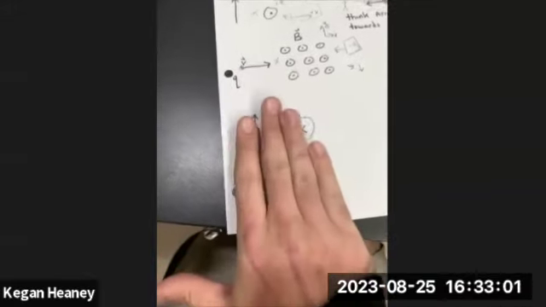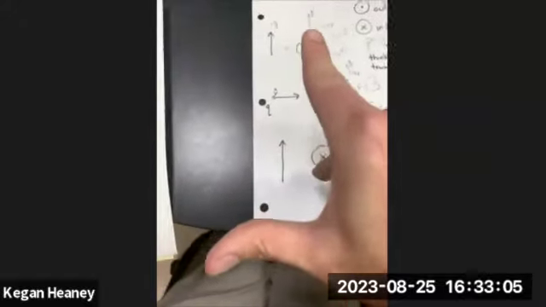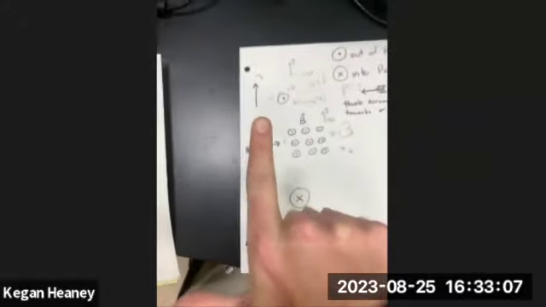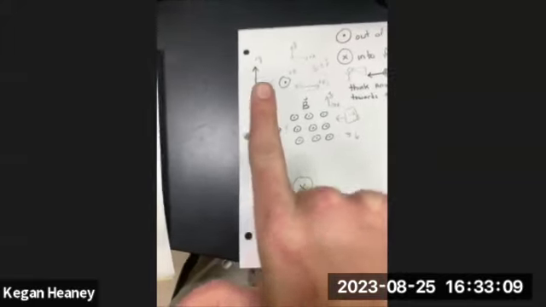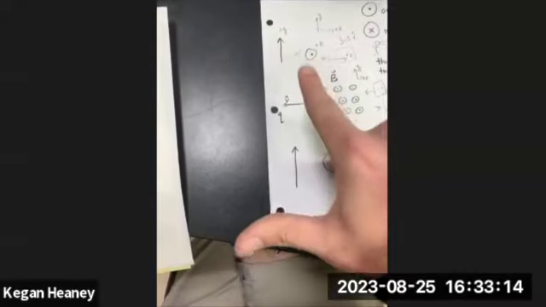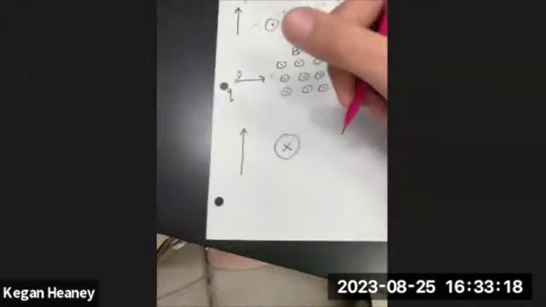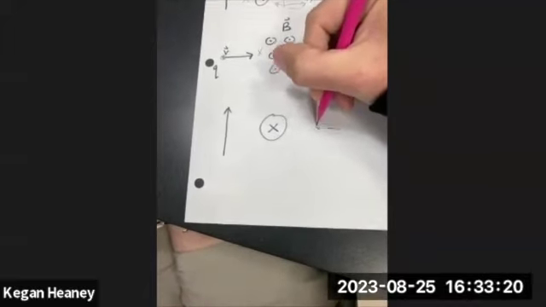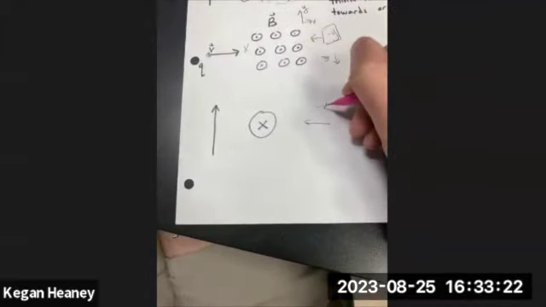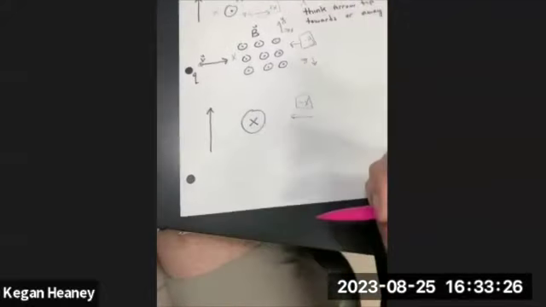My palm is facing into the page, right? So if I go like this, well, my index finger matches up perfectly. My fingers match up perfectly. The rest of my fingers, they're going into the page. So that tells me, based on my thumb, this one is going to be in the negative x direction.